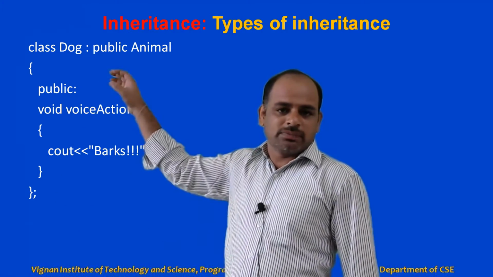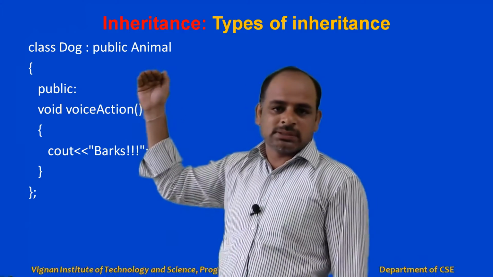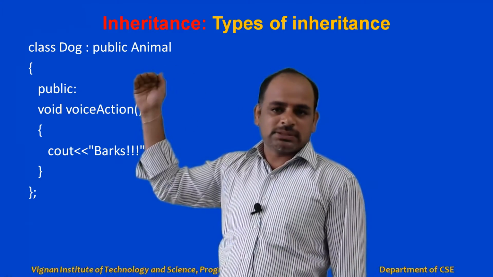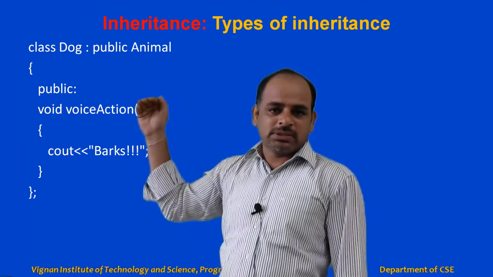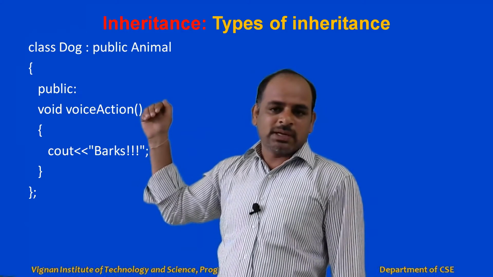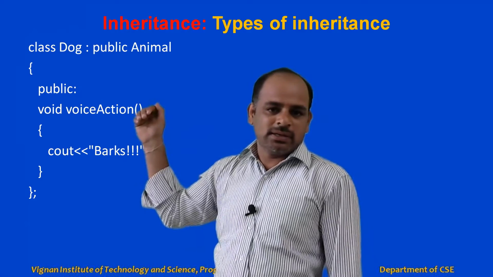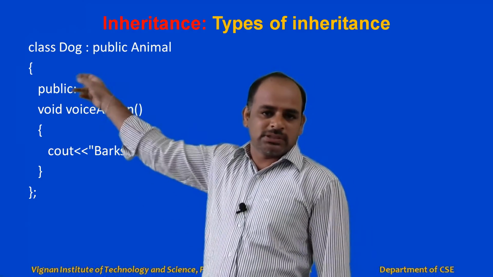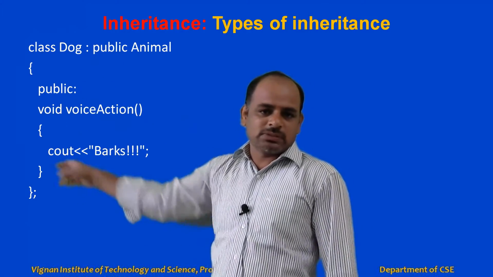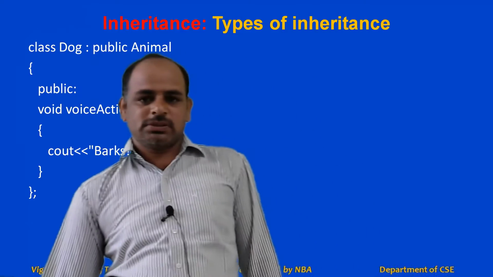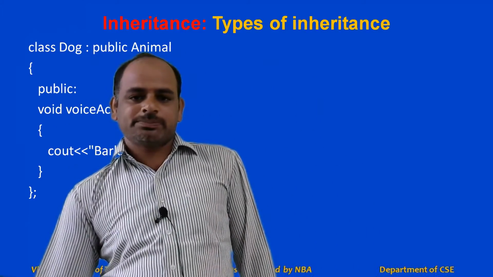So we have 2 classes: animal class and dog. Dog is derived from animal. The animal class has 3 members: name as well as number of tails and legs. Whereas dog is derived from animal and has its own function, voice action, with a message which is going to be displayed here.